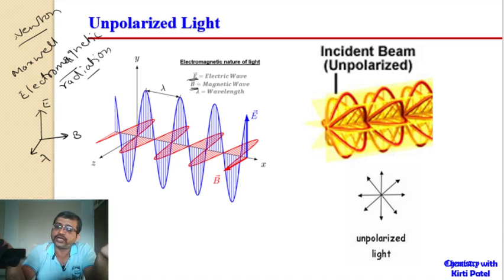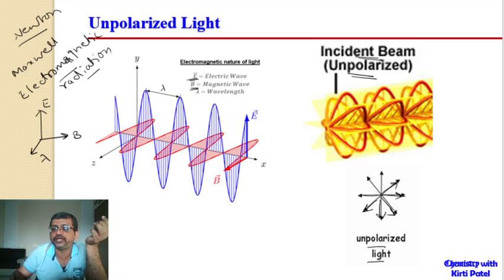So when we take a complete bunch of light, that incident beam will be unpolarized light, where the electrical field components will be projected in different directions. In any possible direction, the electrical field will be projected. Similarly, the magnetic field will always be perpendicular to the electrical field, and so the magnetic field will also be projected in all possible directions.